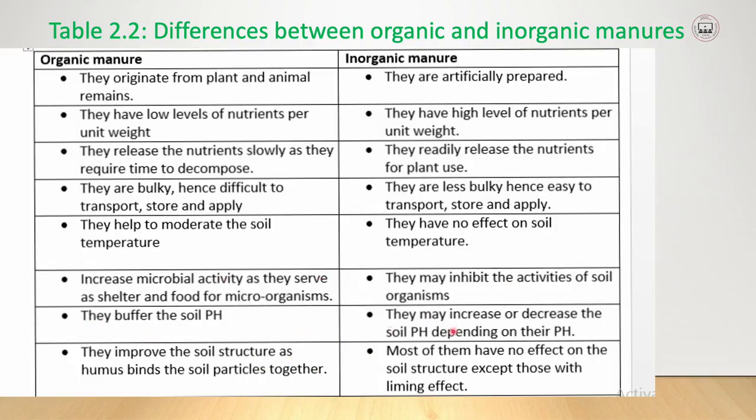On the other hand, inorganic manures may increase or decrease the soil pH depending on their pH. Organic manure improves the soil structure as humus binds the soil particles together, while most inorganic manures have no effect on the soil structure except those with liming effect like CAN.